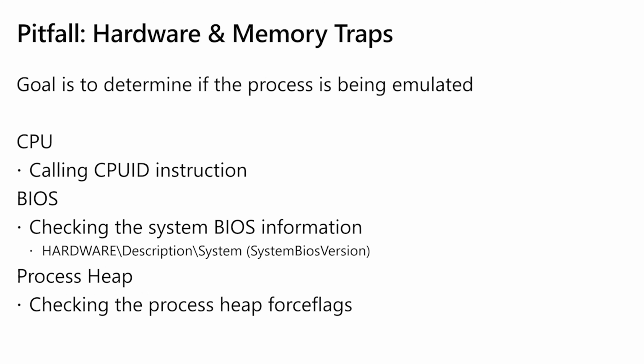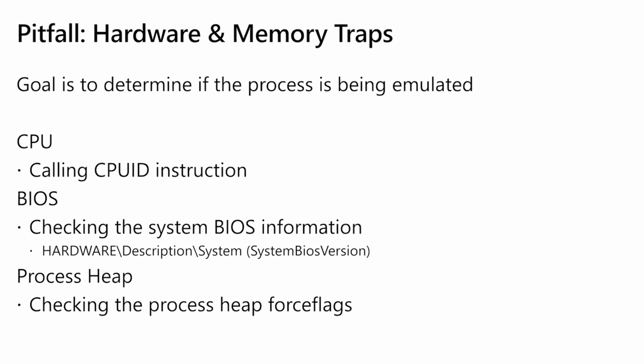All right, hardware traps. This one is interesting because it's just checking the hardware environment. Does it have BIOS information that it recognizes? Maybe it knows it's running in VMware, or maybe it's in VirtualBox, and it goes and checks those in the BIOS information, the registry. Uses the CPUID instruction.